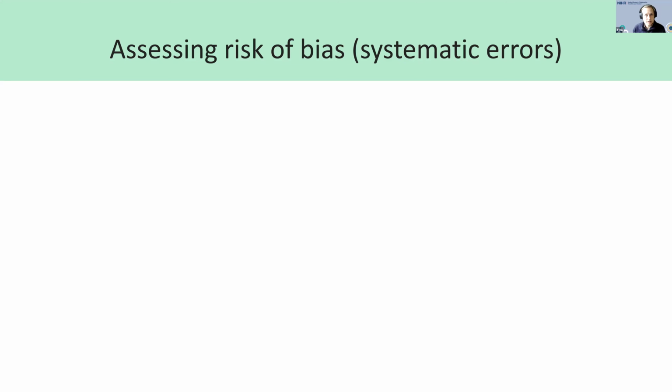And it's worth saying that it's not talking about quality in general, and that very high quality studies can still be at risk of bias for a variety of reasons.